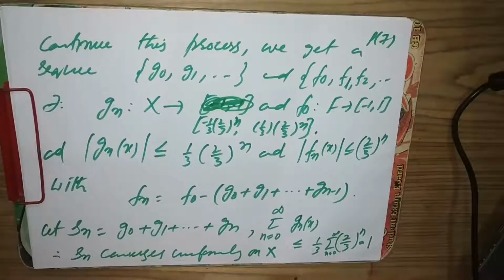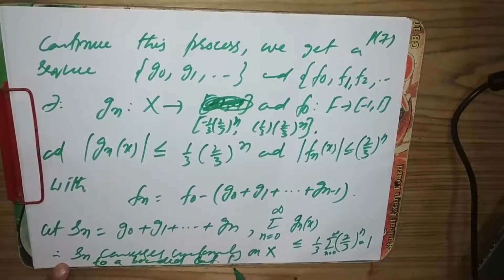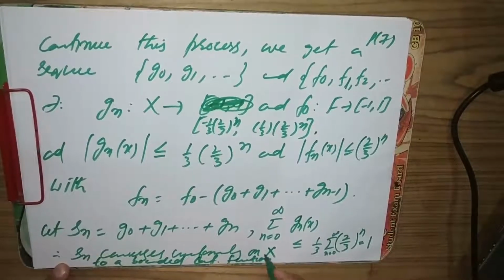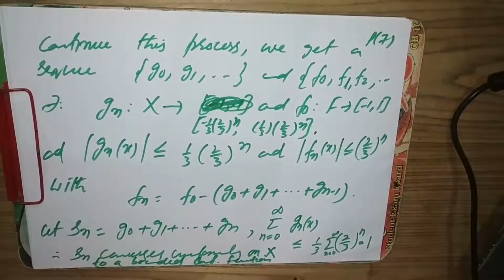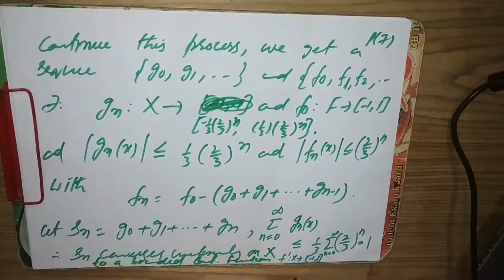So it converges uniformly on X to a bounded continuous function, let's denote that by f' from X to [-1, +1].